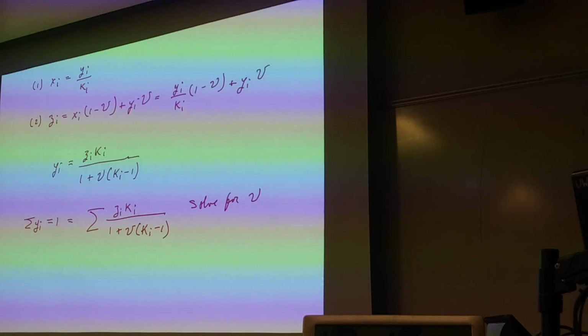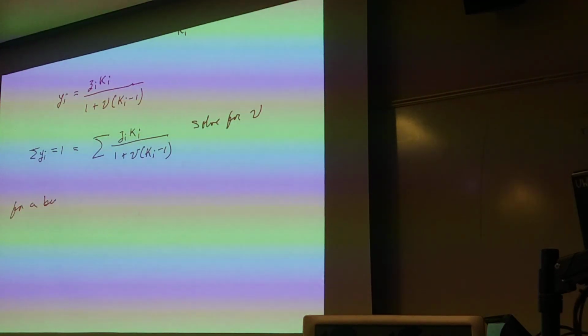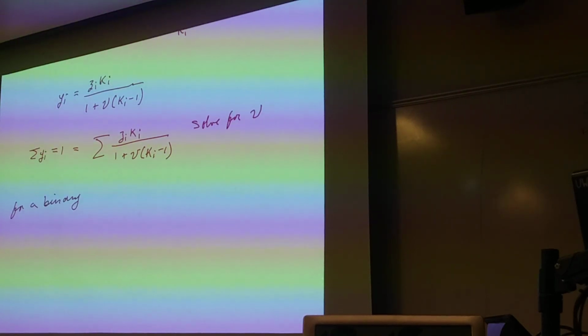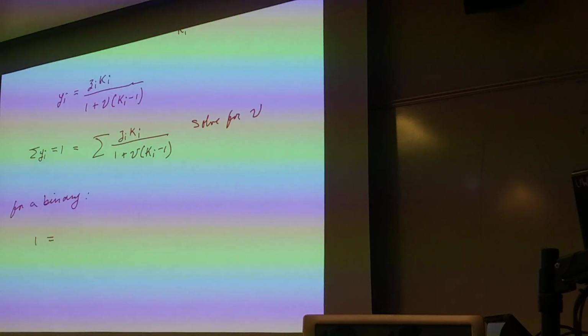For a binary, it becomes a little easier to see if we limit it to 2 components. The equation I need to solve is the following.